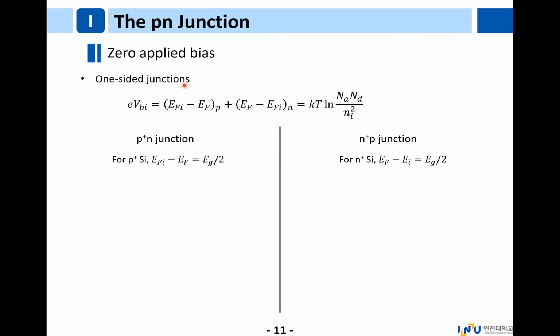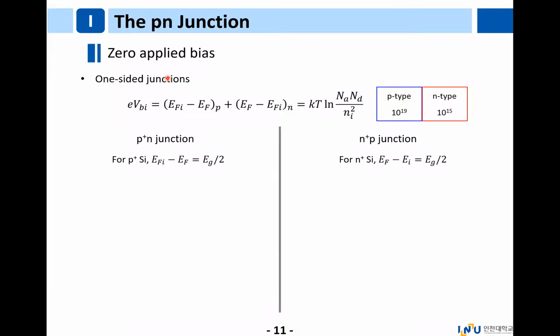For instance, if the p-type is doped to 10 to the 19th power and the n-type is doped to 10 to the 15th power, creating a substantial difference in doping concentration, then this p-n junction would be termed a one-sided junction. So, what difference arises in a one-sided junction?